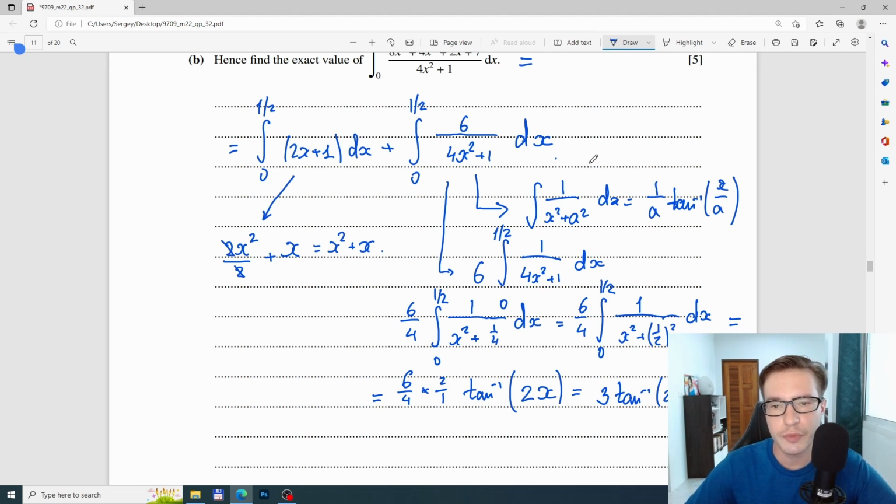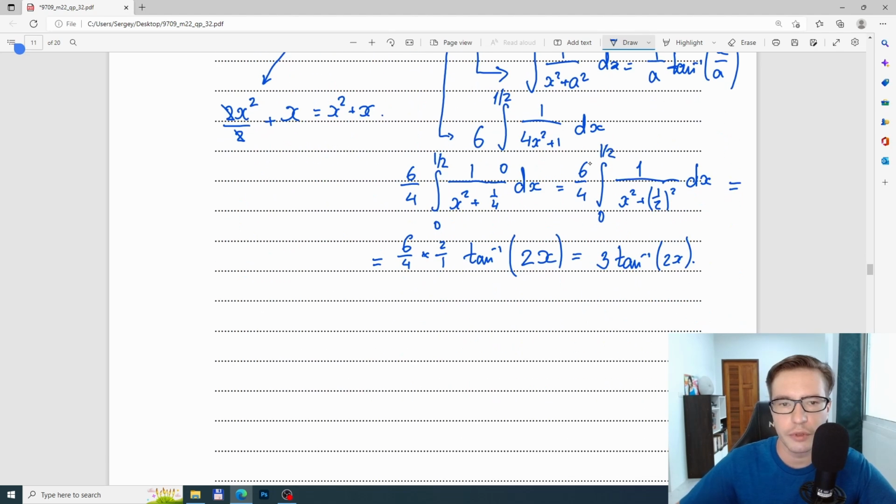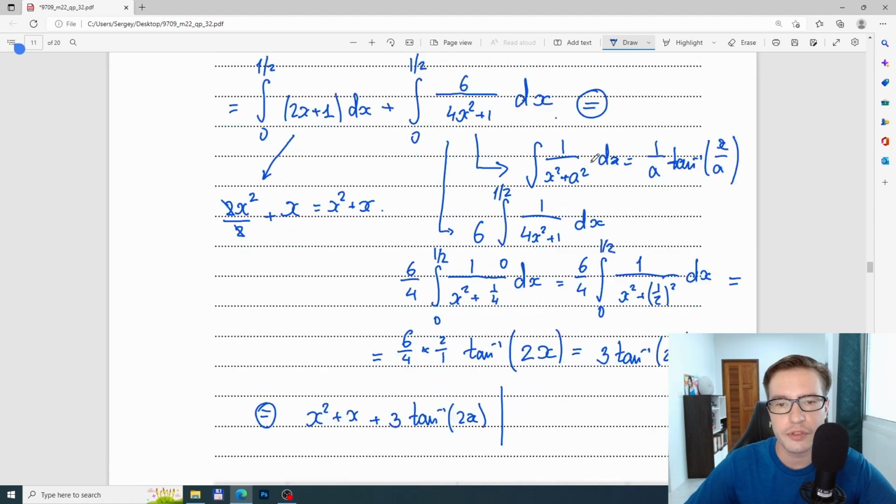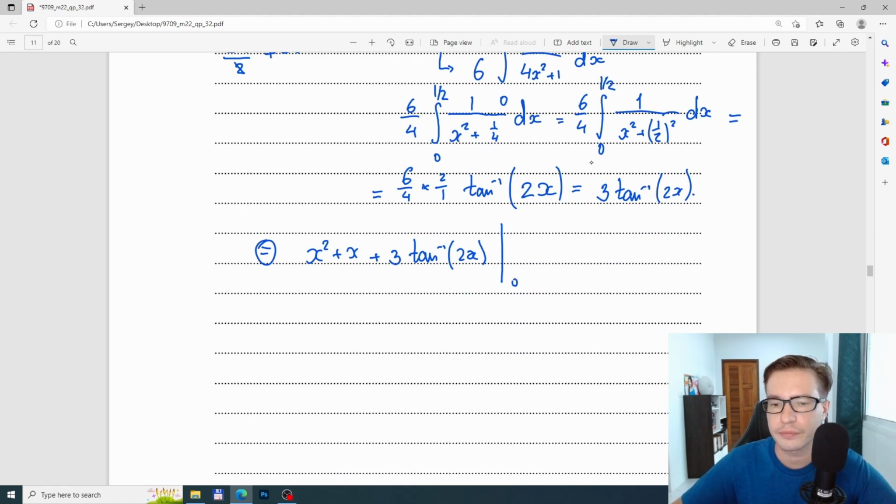Okay, and now let's put everything back together. All in all, we've got x squared plus x plus 3 inverse tangent of 2x. And our limits are from 0 to 1 over 2. Now let's substitute the top number.